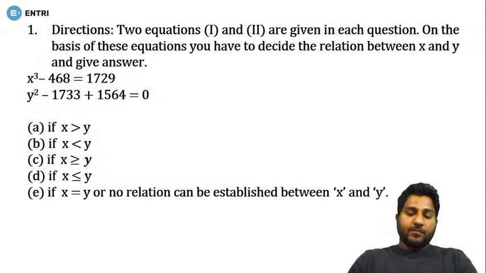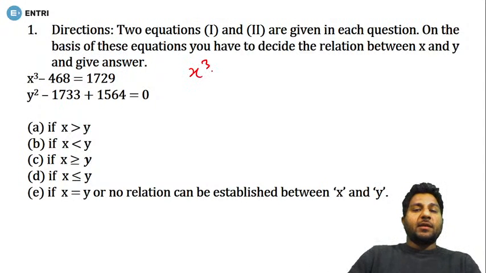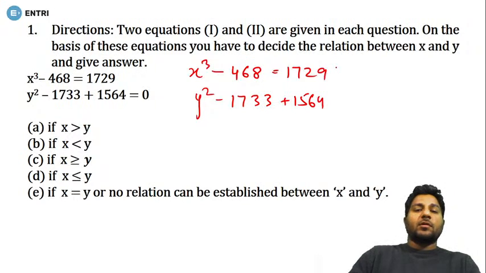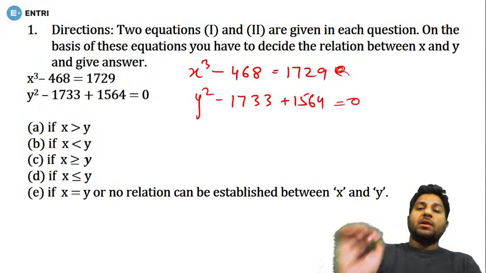So we can simply solve this kind of question. Look at this. Here it has been given x cube minus 468 equals 1729, and y square minus 1733 plus 1564. Remember that whenever you take the value in cube, or any odd power, you will always get only one value.